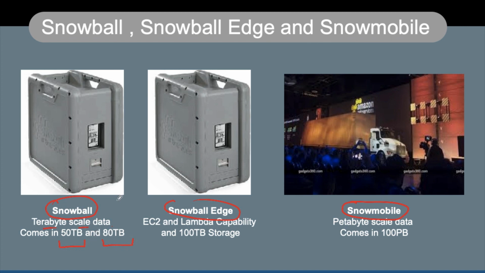However, if you really need some compute capacity in the Snowball, you go with Snowball Edge, which typically comes with 100 TB of storage and which will have EC2 and Lambda capabilities available. However, if you need to transfer petabyte-scale data, then you have to go with Snowmobile, which comes in the size of 100 petabytes. So these are some of the storage devices which can be used to transfer data from your on-prem data centers to the cloud infrastructure.